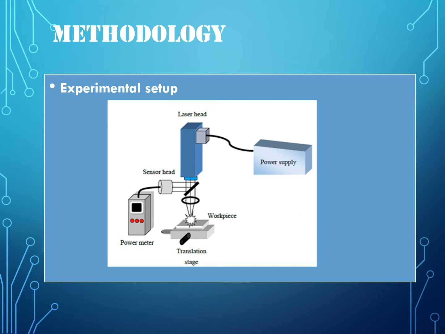Methodology. The experimental setup is illustrated in the figure given. The laser used is a commercial Q-switch Nd:YAG laser manufactured by FV Medical Technology Co. Ltd, model AL114. It operates at the fundamental wavelength of 1064 nanometer with a pulse duration of 10 nanoseconds.